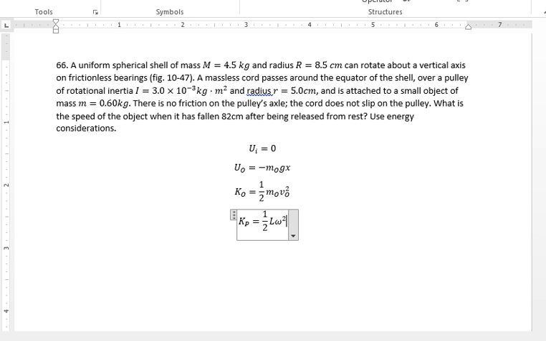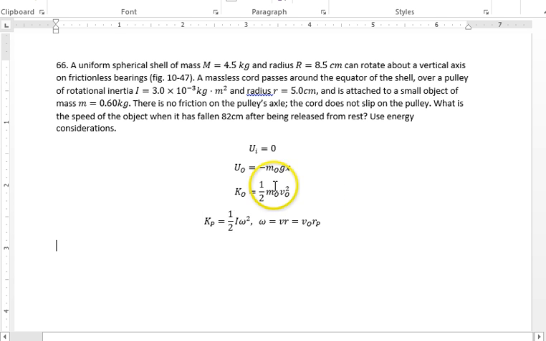There's a relationship between omega and the velocity, where omega is V over R, in fact the velocity V of the object over the radius of the pulley. So that relates to the velocity of the object. We don't have two unknowns, we actually have one.